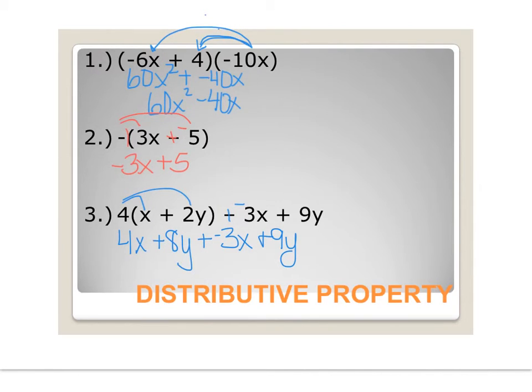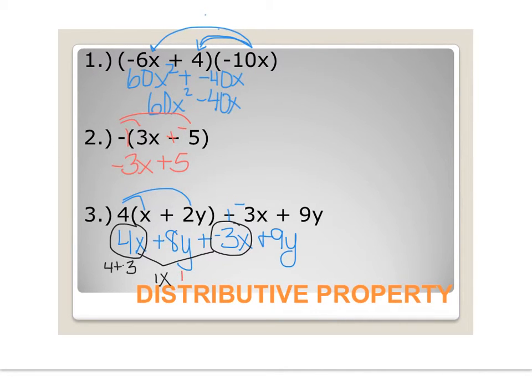And then we look to see if there are like terms. I see an x here and an x here. Remember when we talk about combining things, that's when we're adding the two. So I want to think about what is 4x plus a -3x? And that is a 1x.